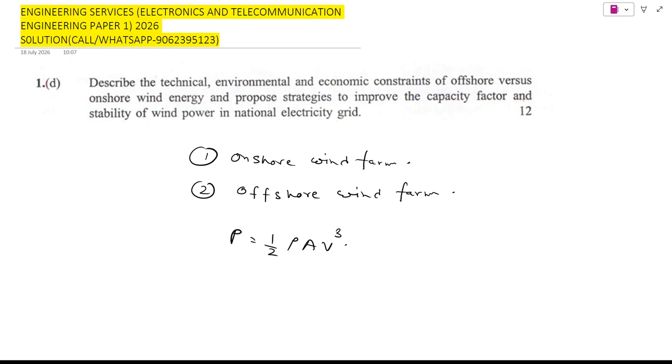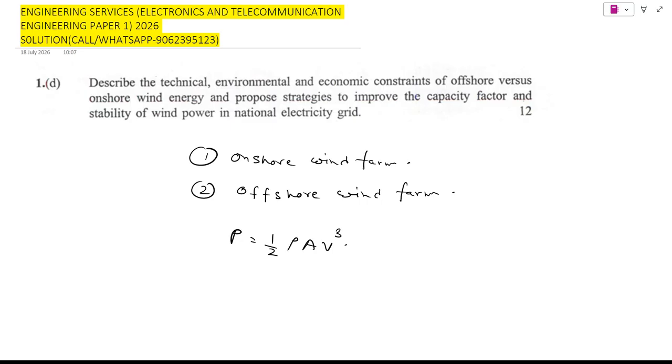Now, if I talk about the offshore, then the advantages are higher annual electricity generation, higher capacity factor. And what are the disadvantages of this? You can say huge installation cost, costly submarine cables, expensive maintenance, and the specialized vessels required. Okay, so therefore, initial investment is high, but electricity generation is also higher.